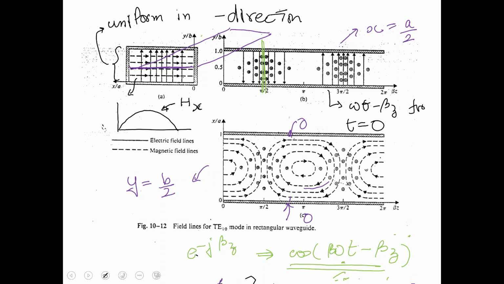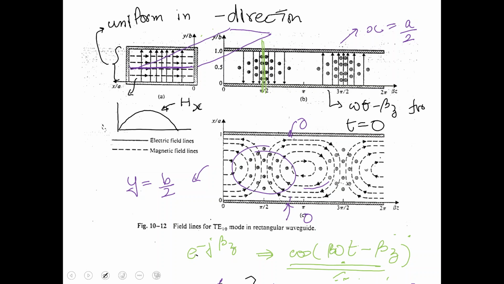And with respect to that, the electric field lines are pointing in the y direction, and in the y direction they do not change, but in the z direction obviously they also have a cos(ωt − βz) term, so there is a wave term which is going through. They are changing in amplitude in the z direction like a sinusoid wave.